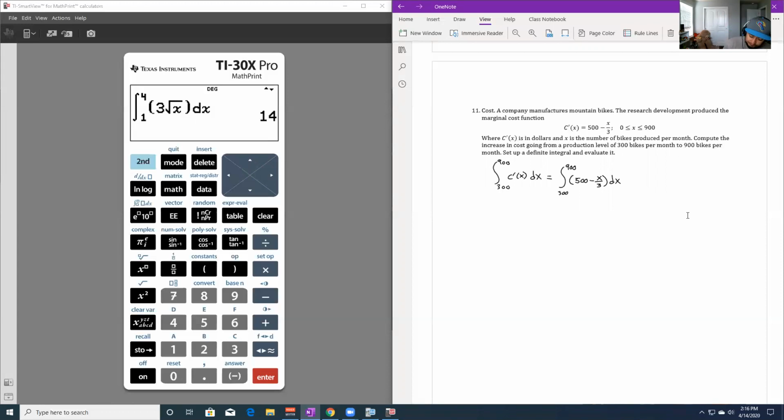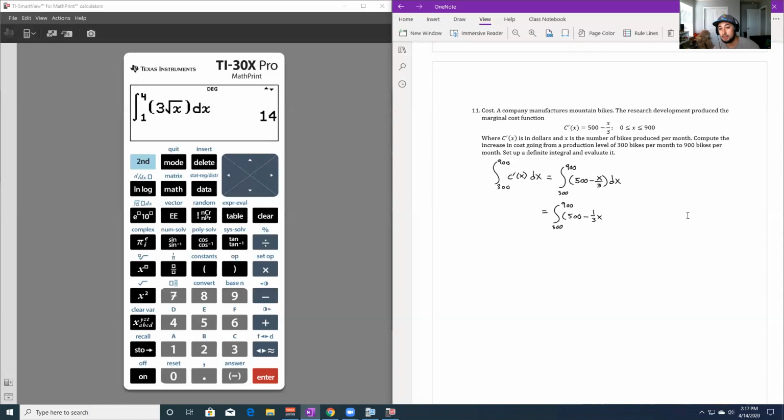Okay, so let's continue. I'm going to make it look a little nicer so you can see the integral a little clearer. So this is 500 minus, and the only one I'm rewriting is the x over 3. I'm going to rewrite it as 1/3 x dx.